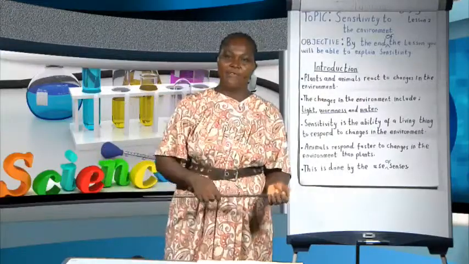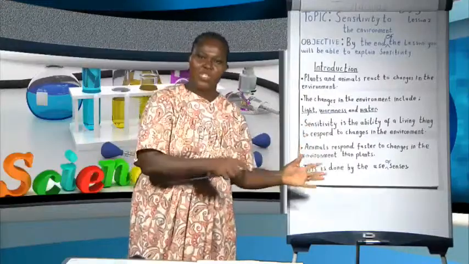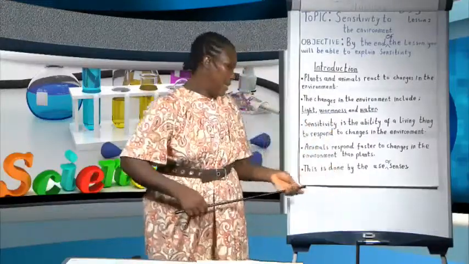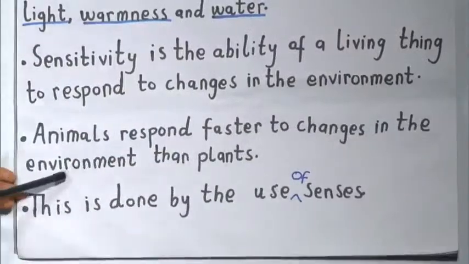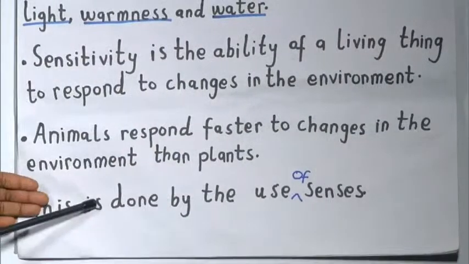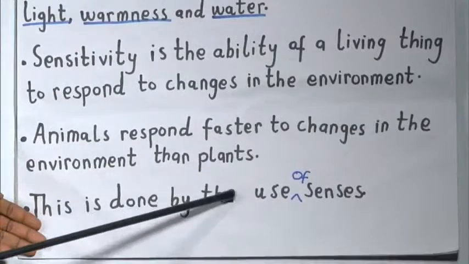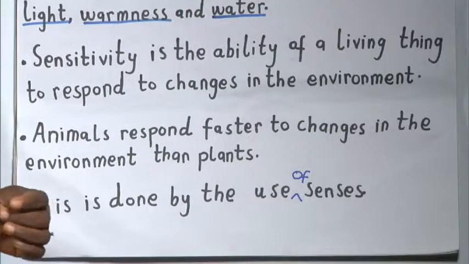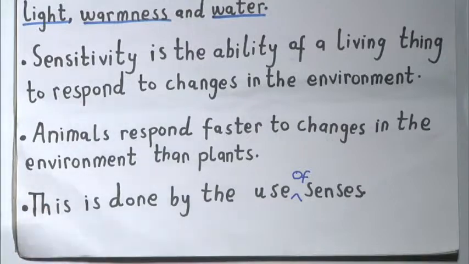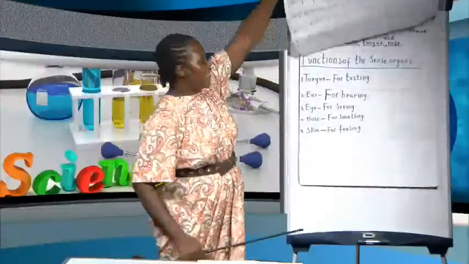That is how fast human beings respond to stimuli. Animals respond faster to changes in the environment than plants. This is done by the use of what? Senses. Let's look at human senses.